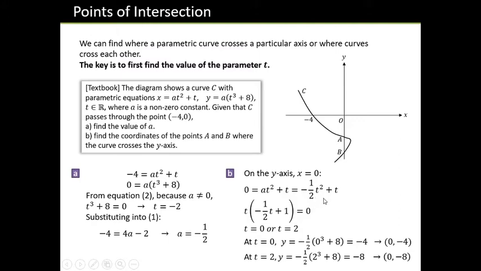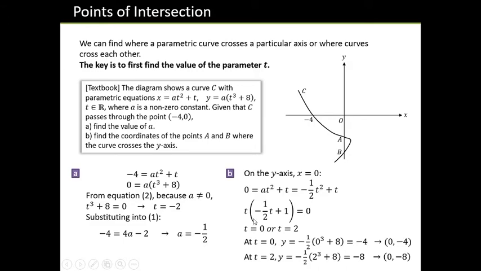Beyond that, we are solving to find out what t is equal to, but we've been asked to find the coordinates, not what t is equal to. So once we have found t, we then need to substitute that back into our equation for both y and for x. In fact, we know that x is 0, so it's just substituting that into our y.